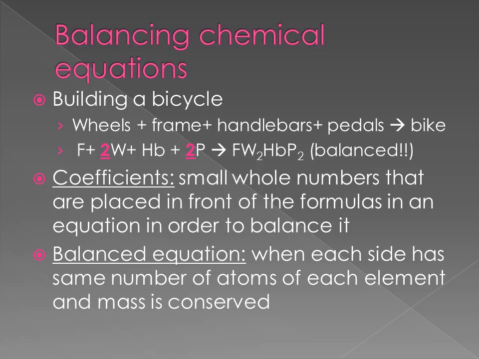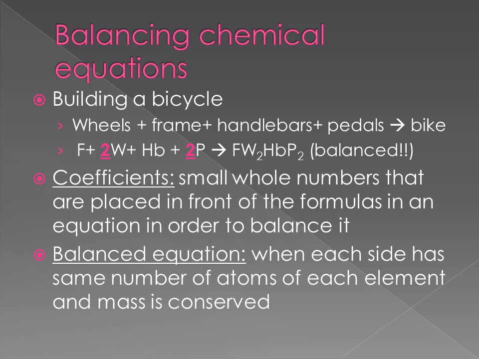All of these parts come together, and that's how you make the bike. That's how you put the bike together. If you don't have these parts, you don't have a bike. And now that we know what it takes to make a bike, we need to think about the amounts that it takes to make a bike. So when we look at our frame and our handlebars, you only need one of each of those. If you have one frame and one set of handlebars, that's all you need.